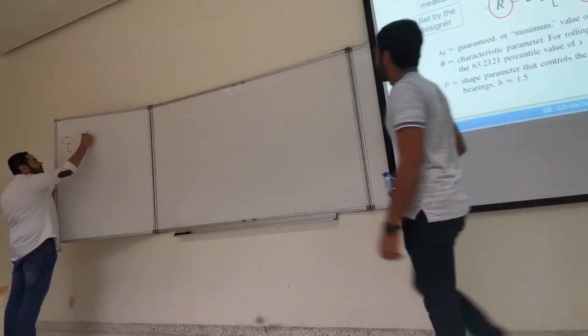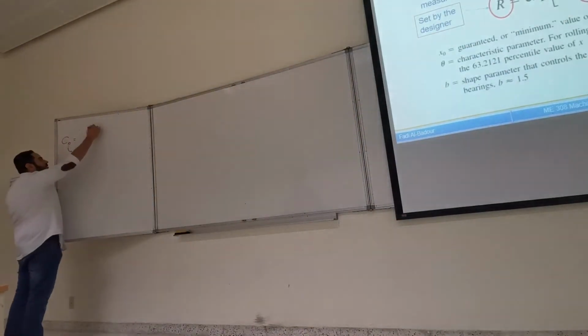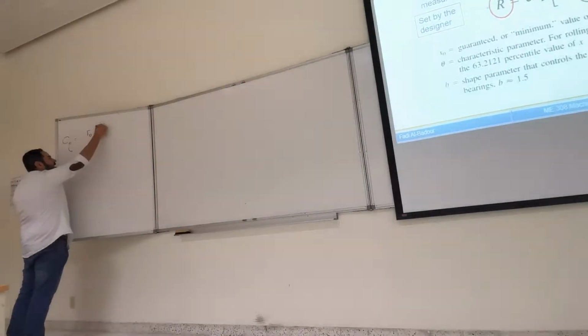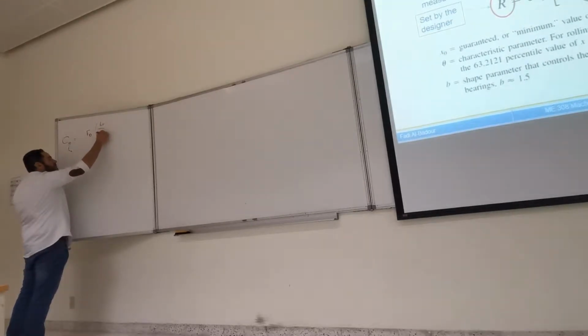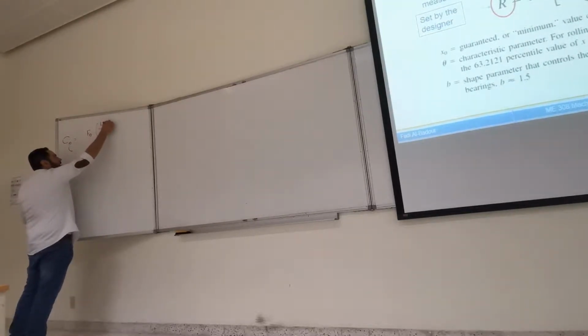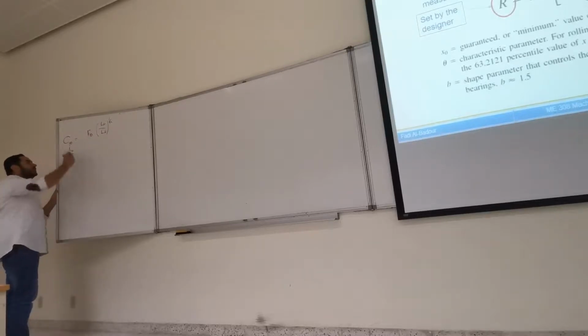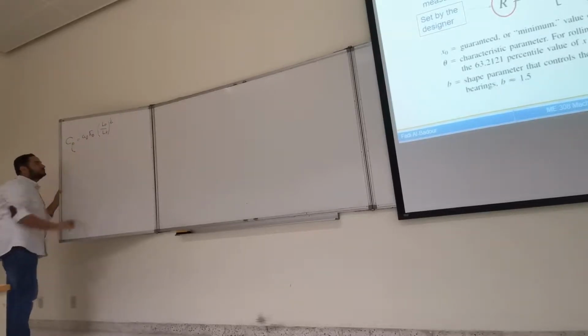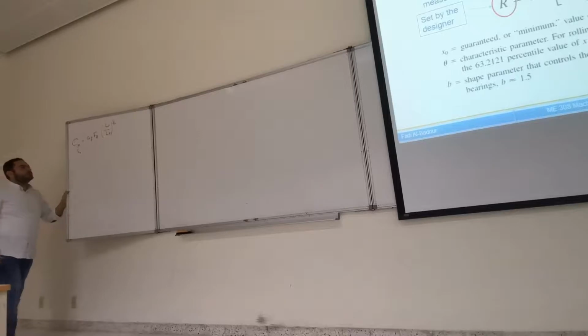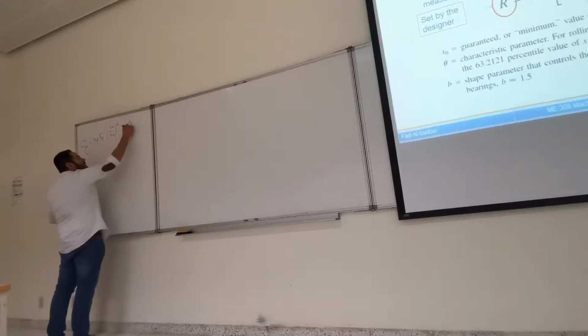We need to know how much load is applied on the bearing, what is the desired life, and what is the rated life, the type of bearing, and also a load type. This is considering the reliability of 90%.